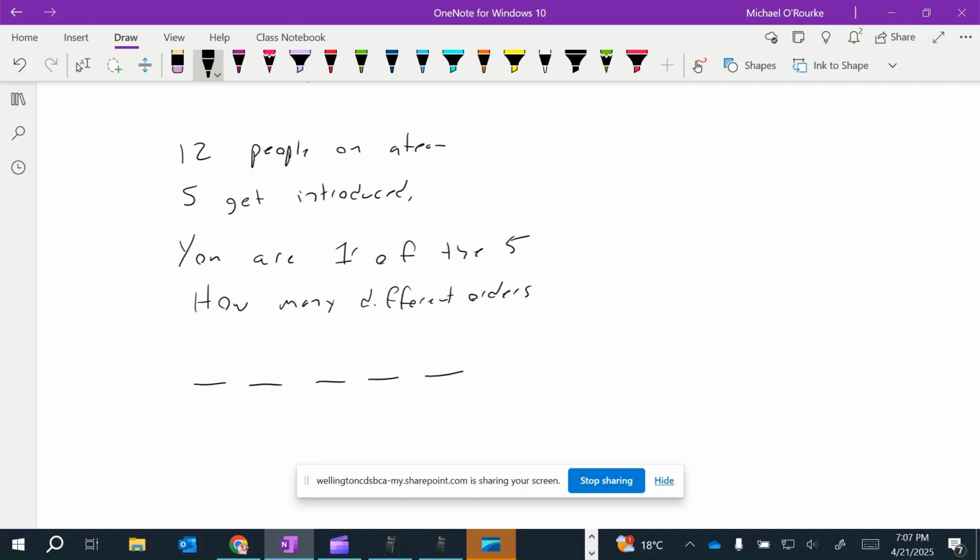So let's put you in first. How many of you are there? There's 1 of you. Then after that, there's 11 people left to pick from, 10 people left to pick from, 9 and 8. So I could write that as 11 factorial over 7 factorial. Okay?